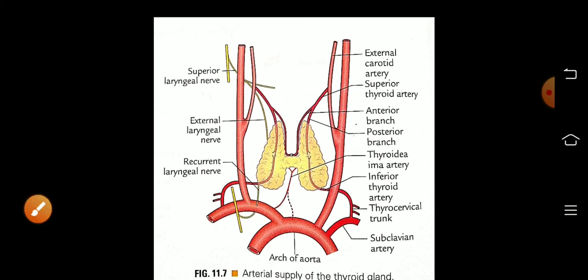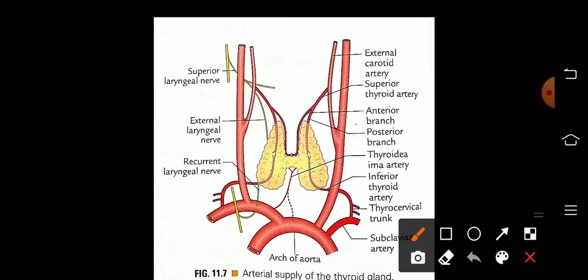So what is the course of the inferior thyroid artery? You can just see from the pictures. It is a branch from the first part of the subclavian artery, and it runs upwards and then medially, and then it crosses the recurrent laryngeal nerve very nearly. So you can see this is the recurrent laryngeal nerve.